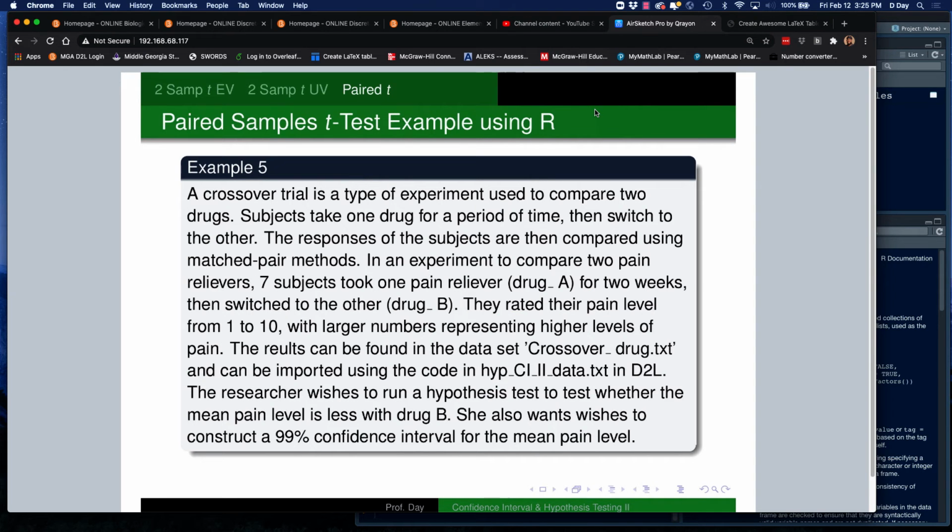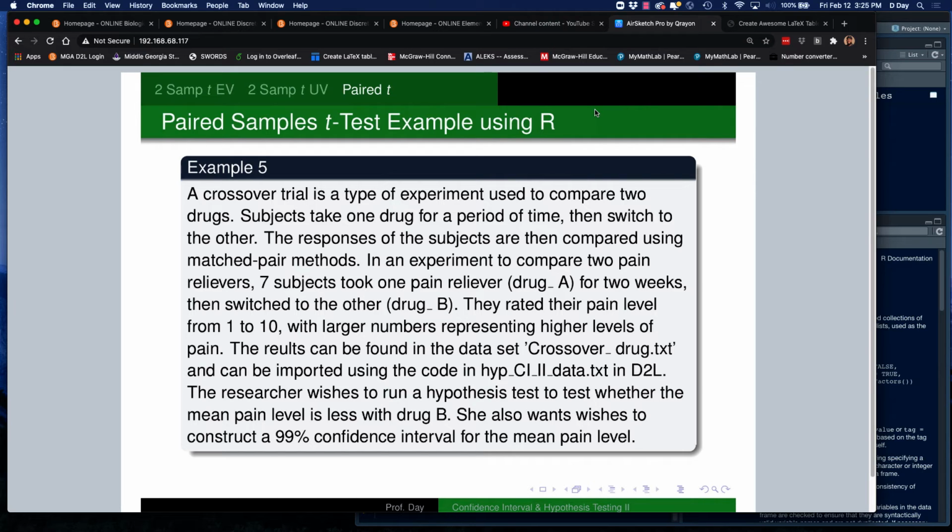Let's do another example. Example 5, we have a crossover trial as a type of experiment used to compare two drugs. This is done a lot by drug people who make different kinds of medications. Subjects take one drug for a period of time, then switch to the other. The responses of the subjects are then compared using matched pair methods, or just paired methods, if you will.